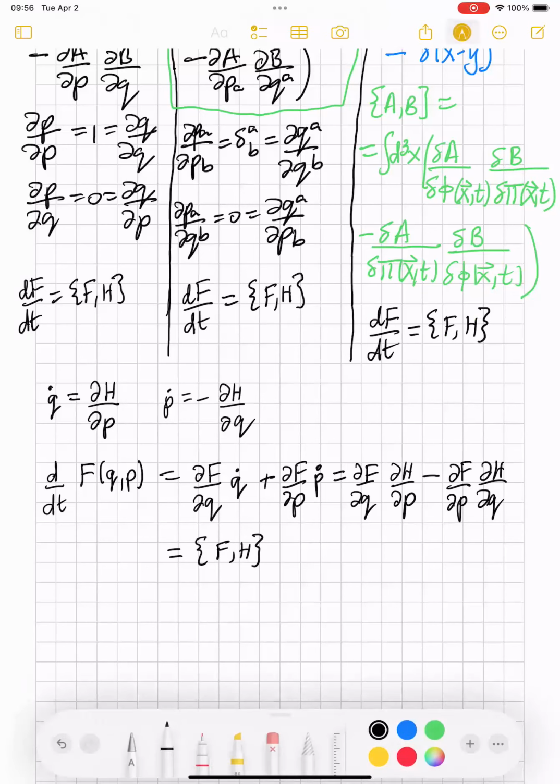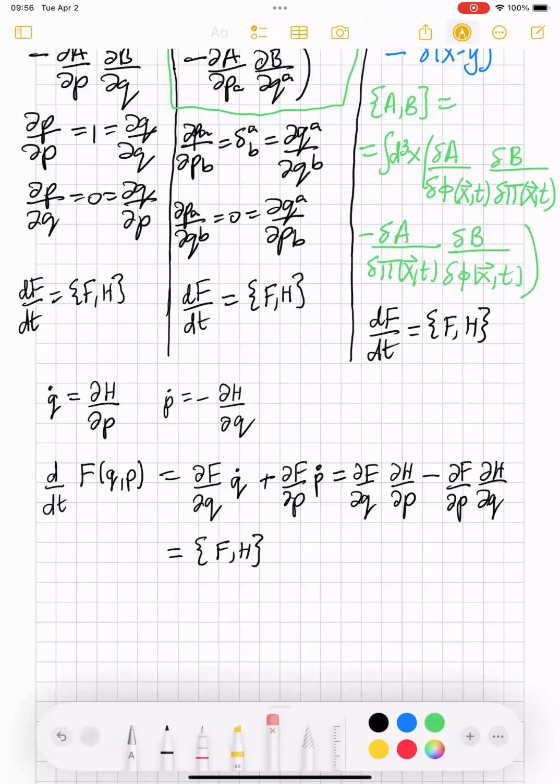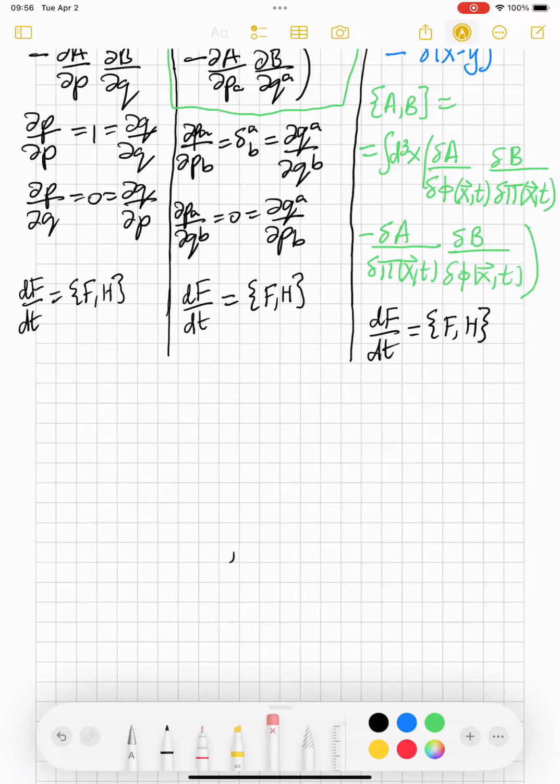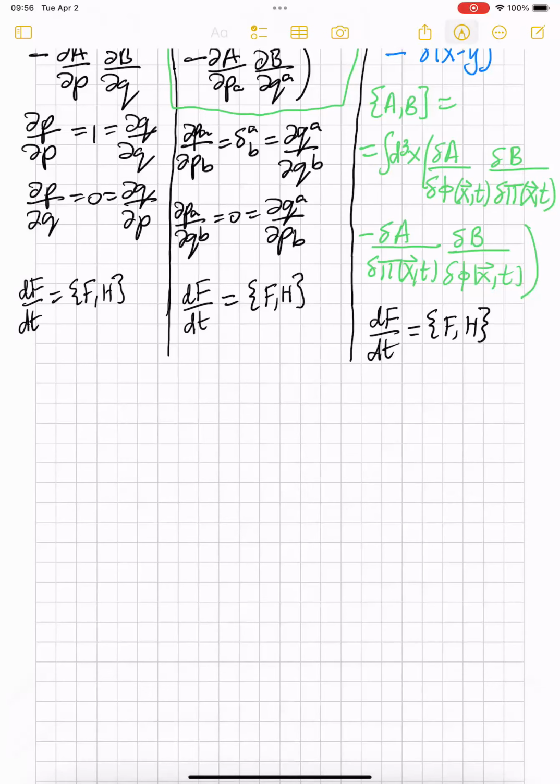So that's rather interesting, that all of these equations of motion look exactly the same. And in fact, they are reflecting something that we know. We just recently studied Noether's theorem, and one of the things that Noether's theorem told us was that for every symmetry there is a conserved quantity.